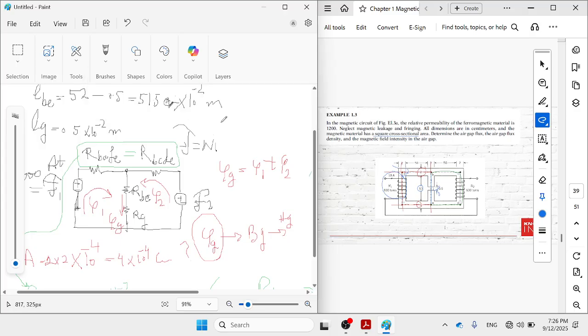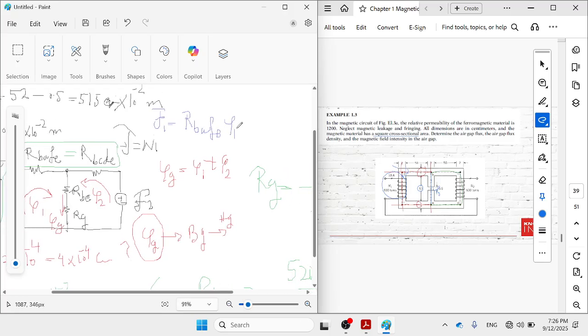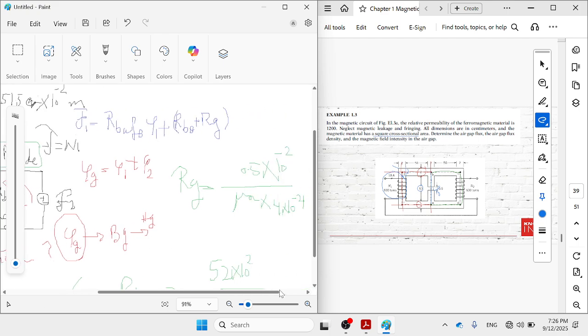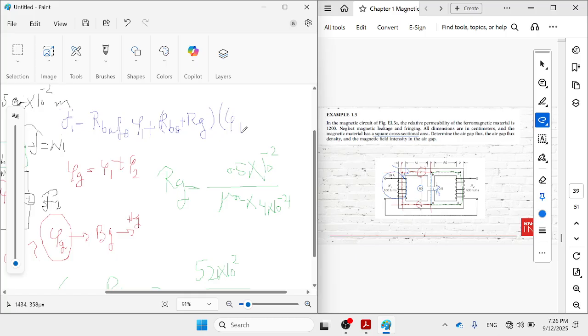So MMF 1 is equal to RBAFE, the reluctance BAFE, times phi 1, plus RBE plus RG, which are in series connection, times phi 1 plus phi 2.